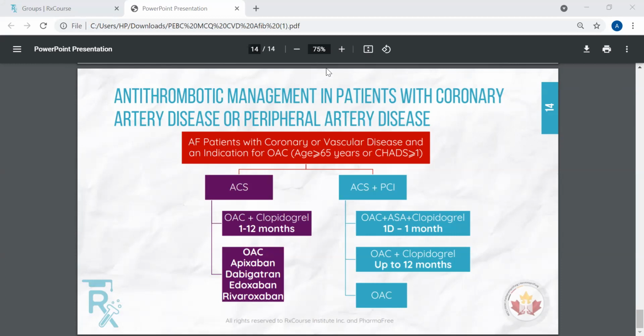This is regarding Ahmed, who is an atrial fibrillation patient with coronary artery disease and has a recent elective PCI, but his age is less than 65 and CHADS score is 0. Is it clear for everyone? Ahmed will take clopidogrel and aspirin for 1 year, then he will be on aspirin lifelong.